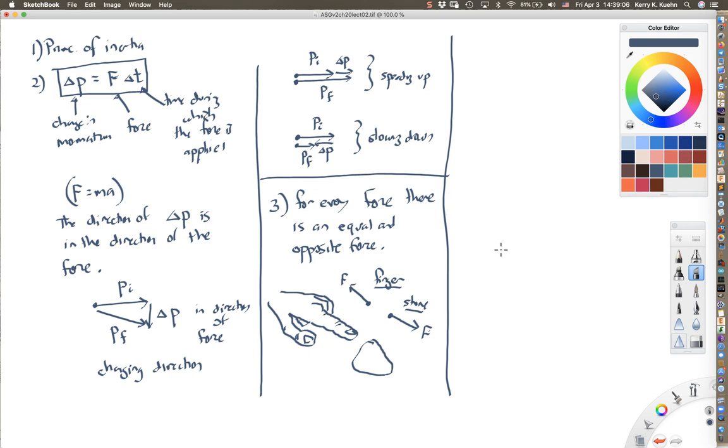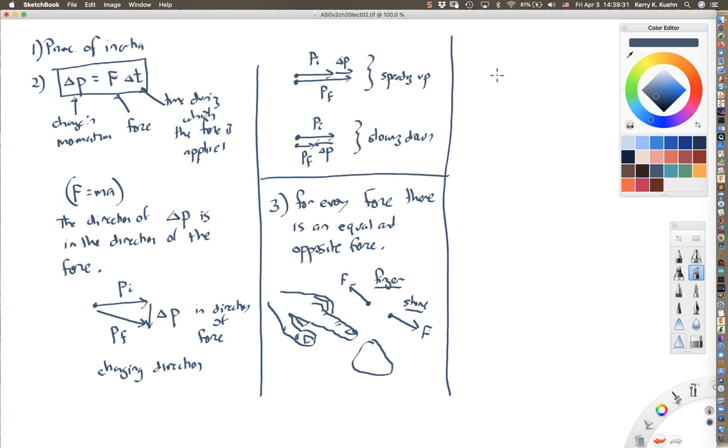These don't actually even have to be in contact. It could be two magnets. For example, if the north pole of magnet A is pushing on the north pole of magnet B, then the north pole of magnet B is pushing on the north pole of magnet A. Okay? So this is going to be critical in understanding action-reaction pairs in the lab.